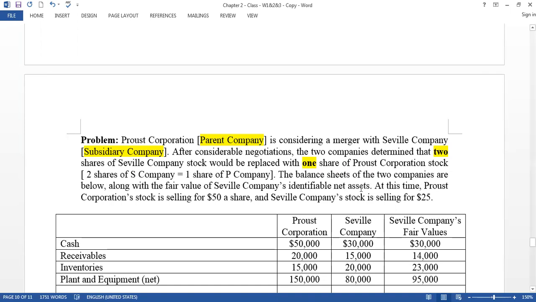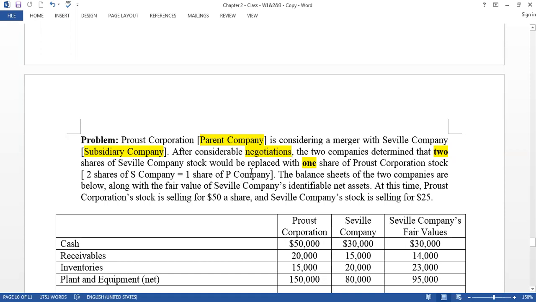That means the parent has a negotiation: yes, I am going to acquire your company, I am going to buy your company, but I am not going to pay you cash. I am going to give you my stock. That means I get 2 stocks from you and I give you 1 stock, and your company becomes my company.